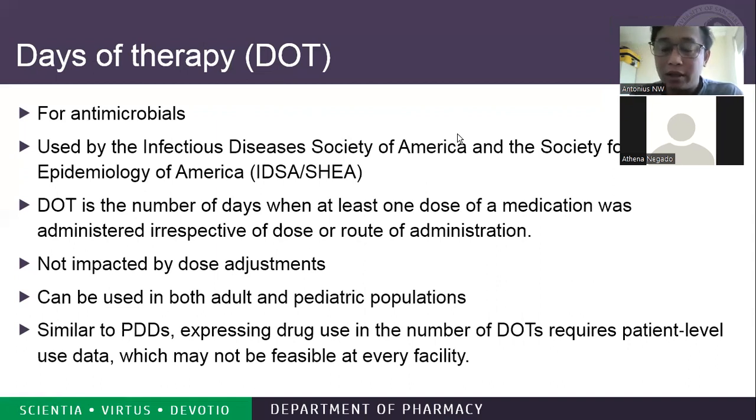So in the hospital, usually the patients receive antibiotics. In the beginning, they usually receive the IV dose, so the parenteral dose, and then if their condition gets better, the antibiotics will be switched to the oral dosage forms.